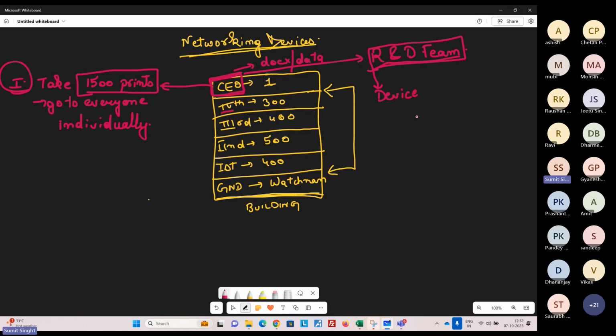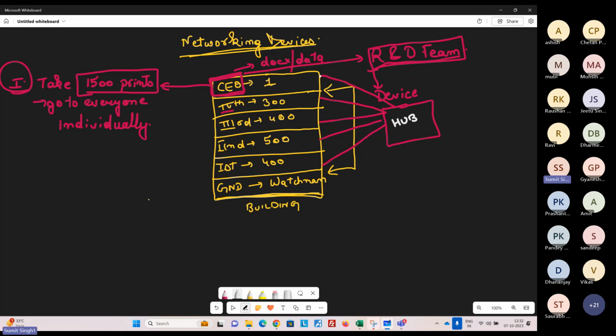What was the purpose of that device? That device was attached to the system of every single individual. So that device was Hub.